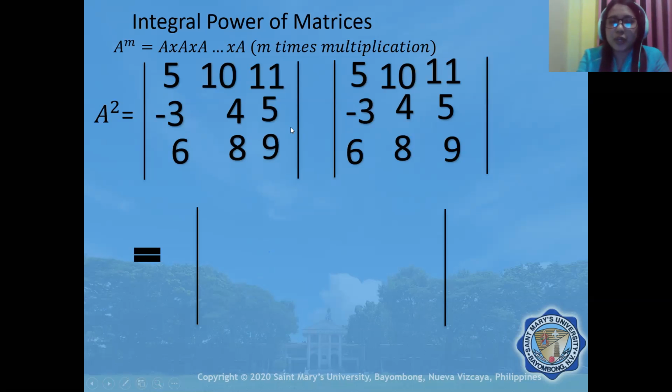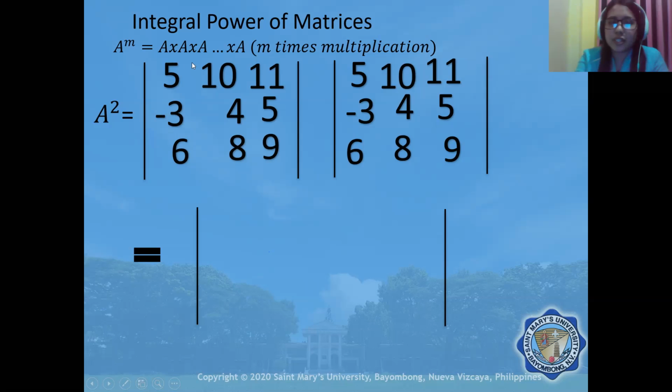So the procedure is just the same as what we did in the matrix multiplication. Of course, obviously, the number of columns and the number of rows for our matrices are the same because it is the same matrix. So we are just going to do the same procedure.